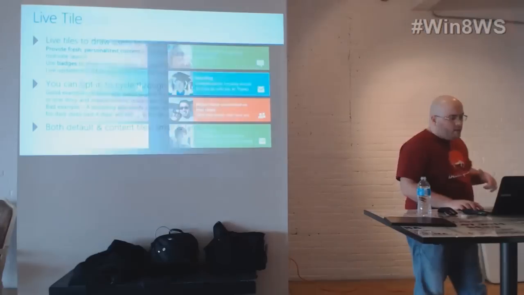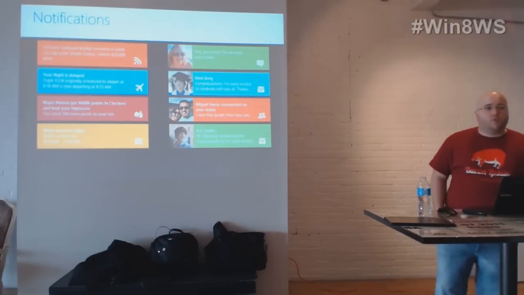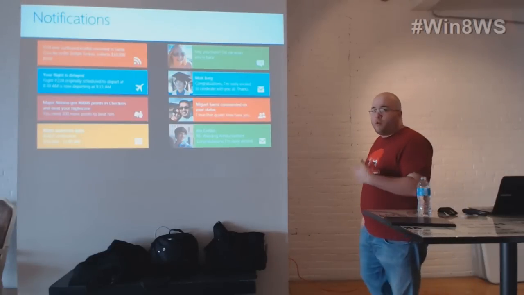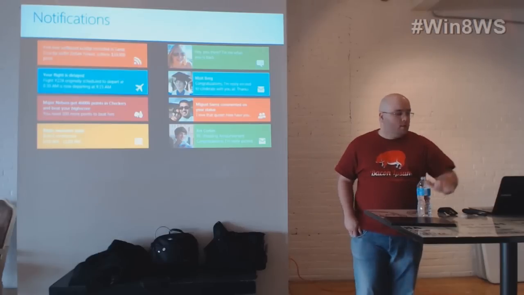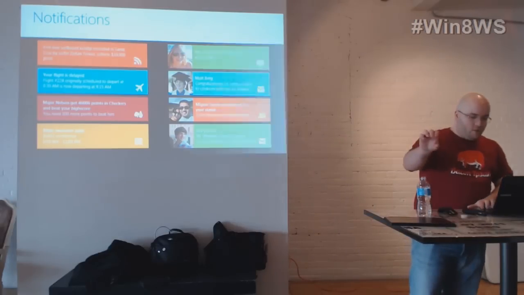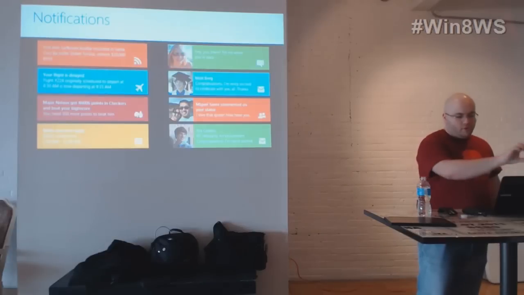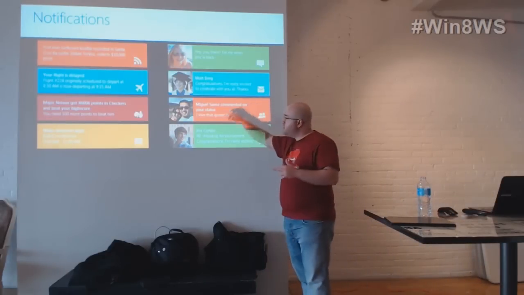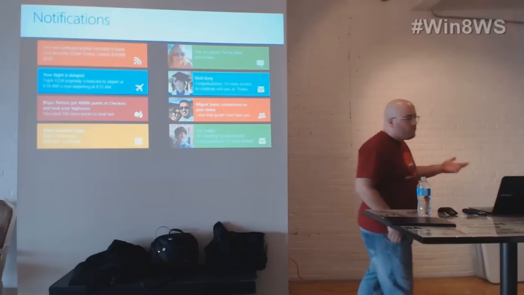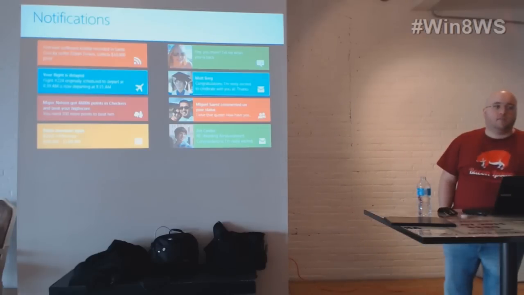And what is great is that we also have toast notifications for things that are more urgent, things where you don't have the choice, it's in your face. You're going to have these little notifications on the top of the screen. You can put just some text, you can put icons, you can put images. Like I told you, my flight is delayed.